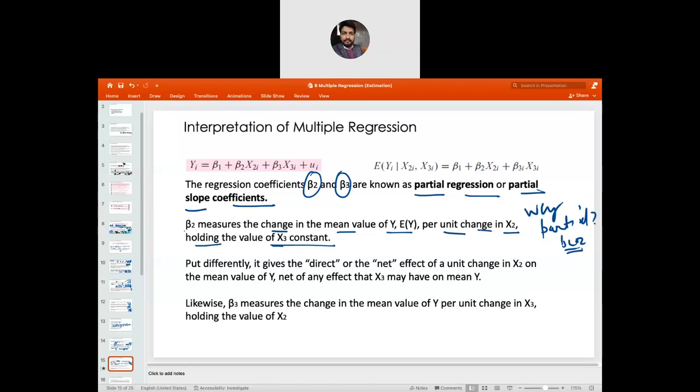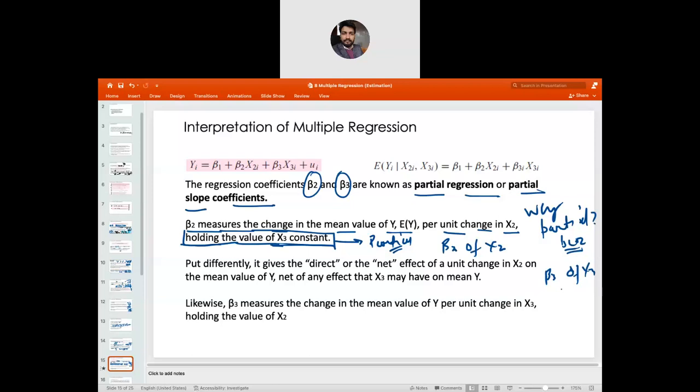Because of holding x3 constant, we call it partial. So beta 2 is the partial slope coefficient of x2. Similarly, beta 3 is the partial slope coefficient of x3, because beta 3 measures the rate of change of y with respect to x3, per unit change in x3, keeping x2 constant, right?